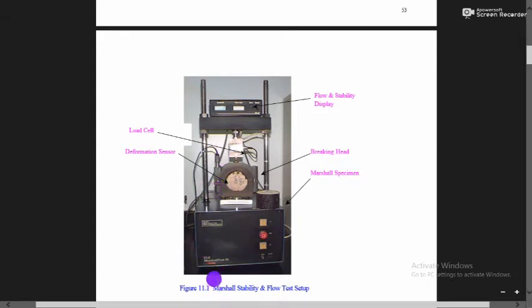Marshall stability flow test setup, equipment and figure.